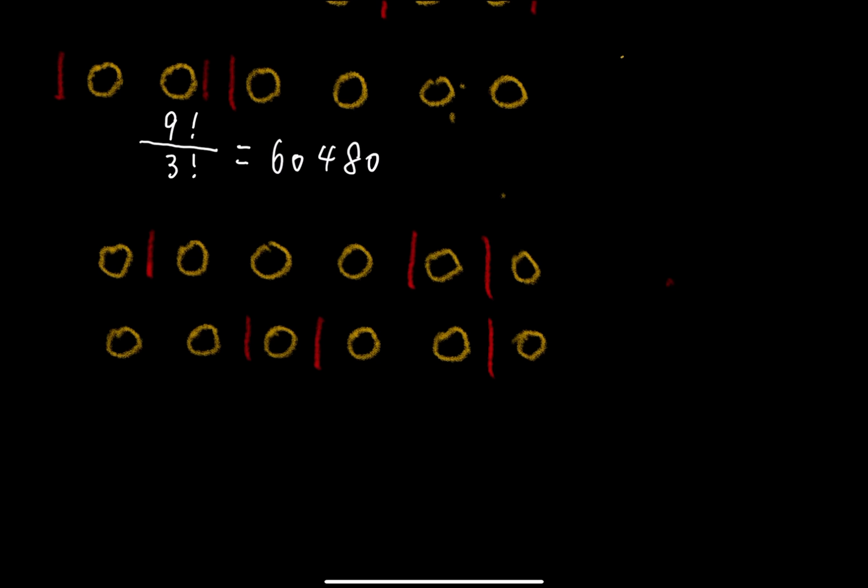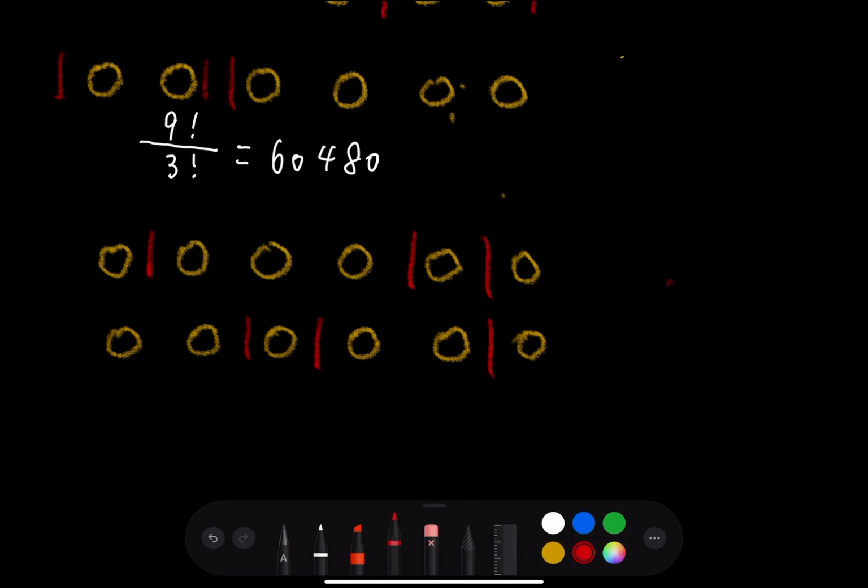So the separators can only be in the gaps between the 6 rings. So how many gaps do you have? You have 1, 2, 3, 4, 5 gaps. In these 5 gaps, I can put my 3 separators. And the separators are identical, right?